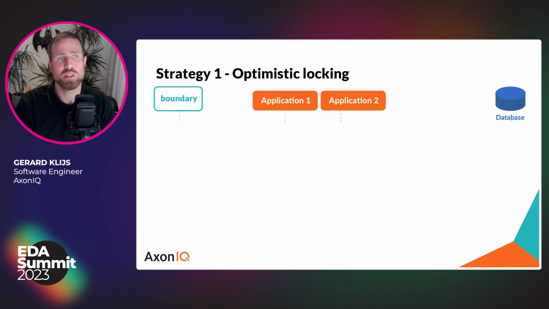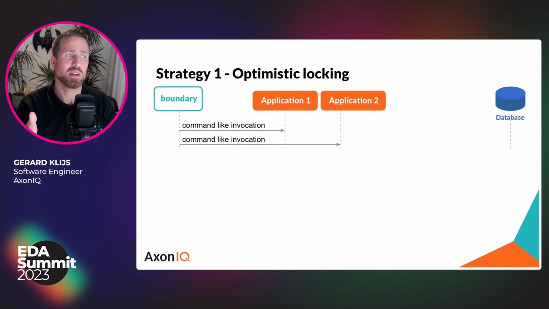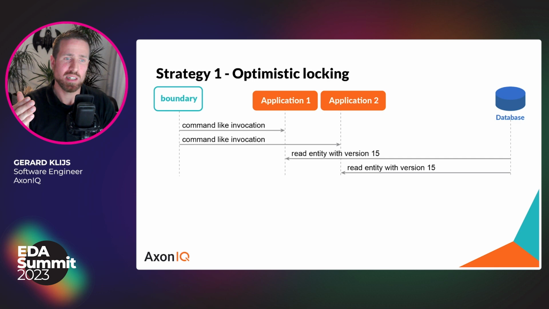So one way to do this is, either on the bus or the store, to create optimistic locking. If on the same application those would be invoked, there would be a central component, which is an aggregate, for people that know what an aggregate is, and that has a version number.